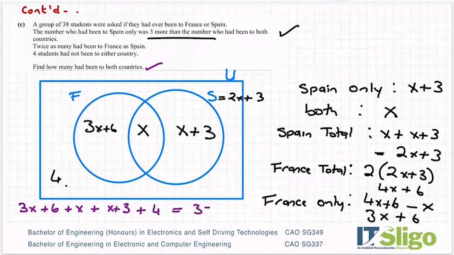And let it equal the 38 students that were asked in the first place. So let's add them up. I have 3x, 4x, 5x. I have 6, 7, 8, 9, 10, 11, 12.